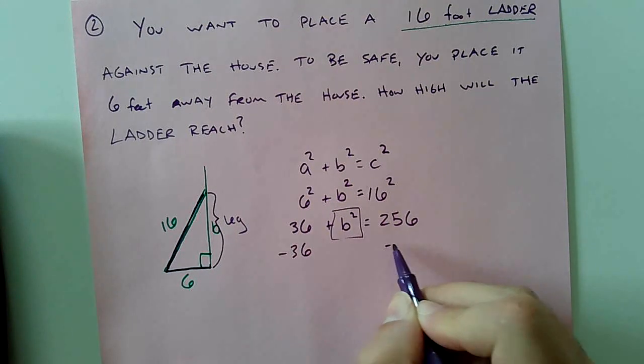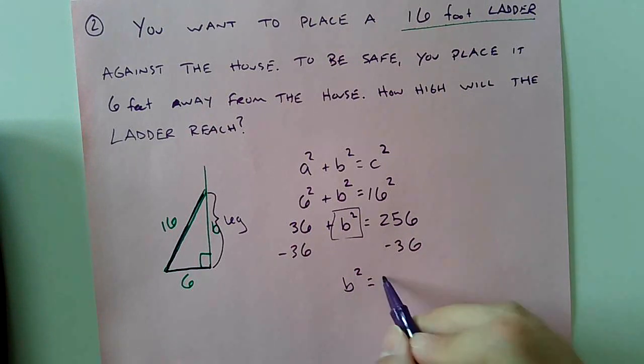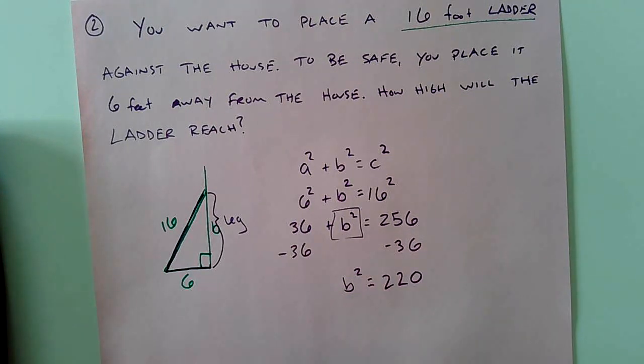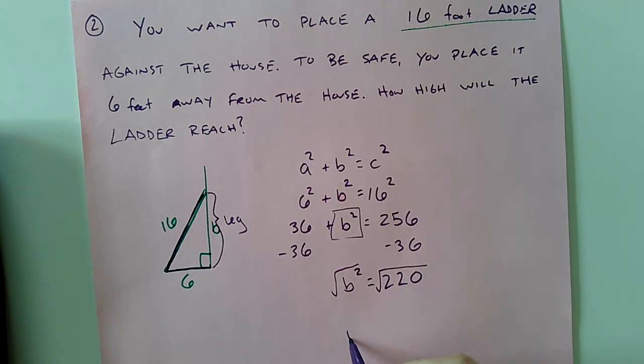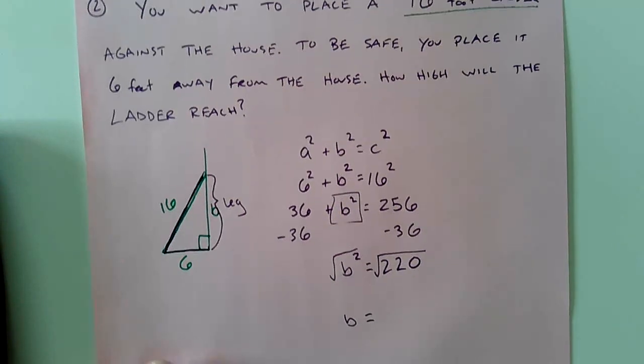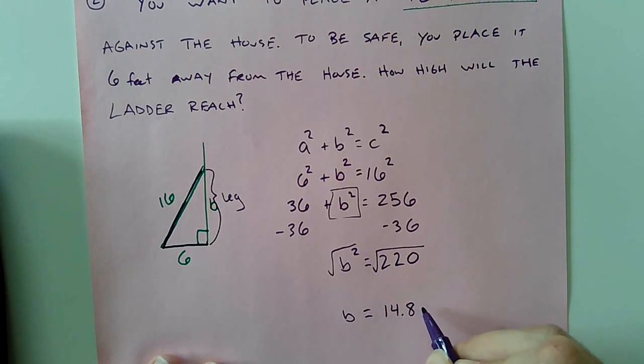Subtract 36. b squared equals 220. And square root 220. b is about 14.83, and I think we called it feet, so we're going to say feet.